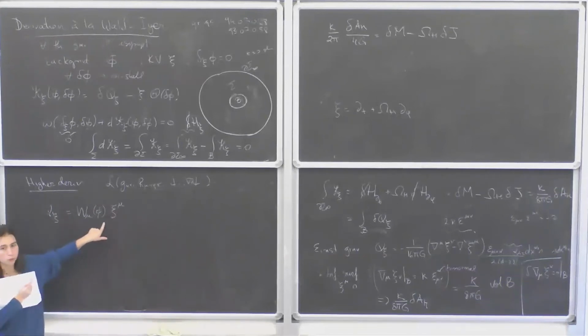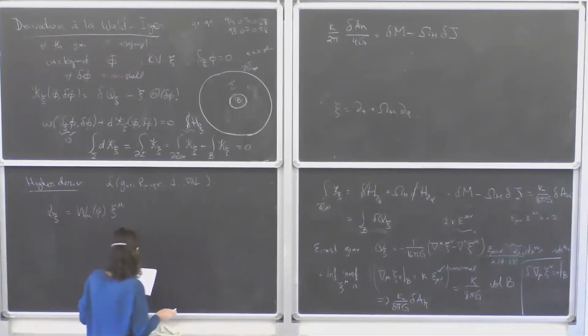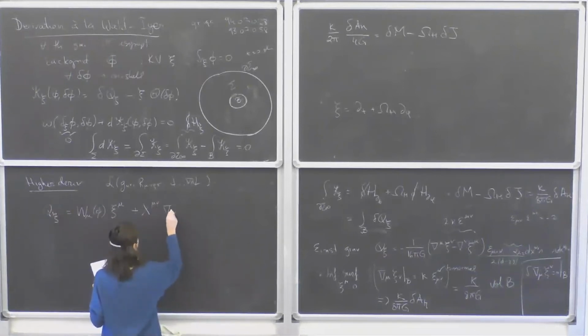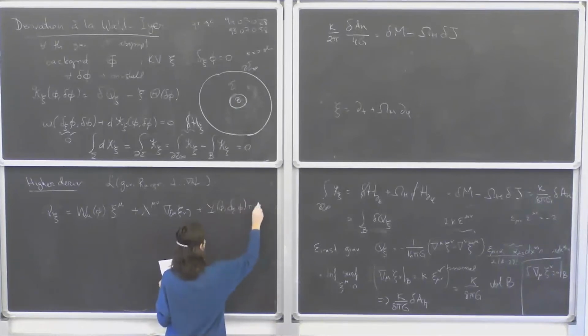Remember that these are D-2 forms, so there are tons of other indices floating around, but I'm just showing some particular ones. Plus a term which is X mu nu nabla mu xi nu, plus some ambiguities that we discussed, phi, sorry, I'm calling it delta xi phi, plus dZ.